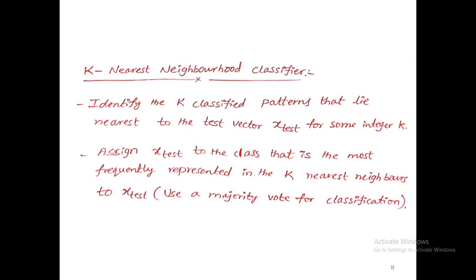That means to decide the k group, we look at what is majorly repeating. For example, let us assume x test is near 1. Then to identify that k group, we decide on a k group that falls among the ones.